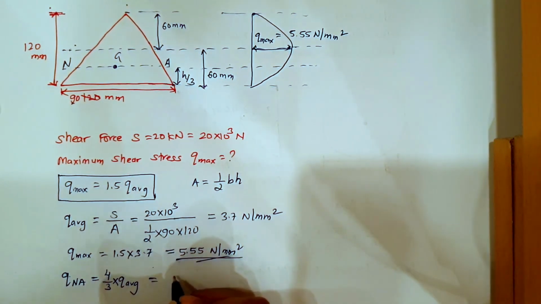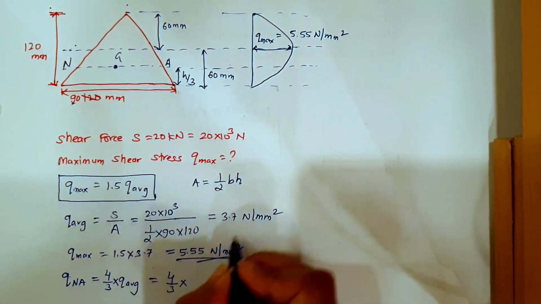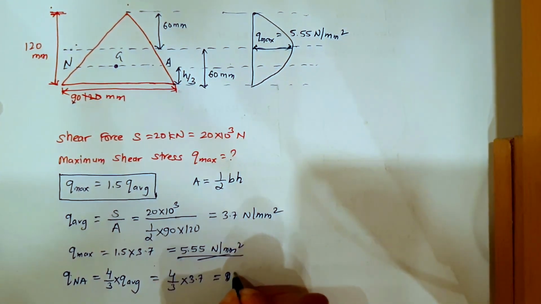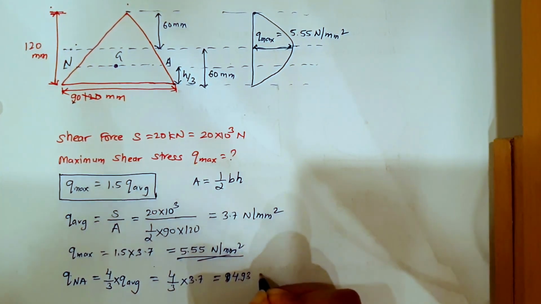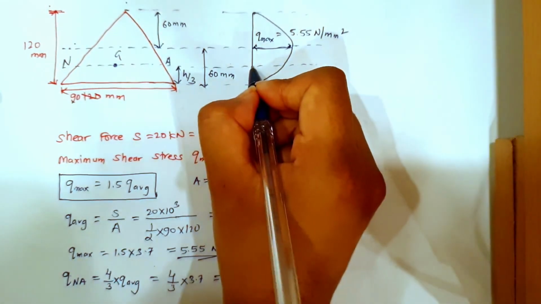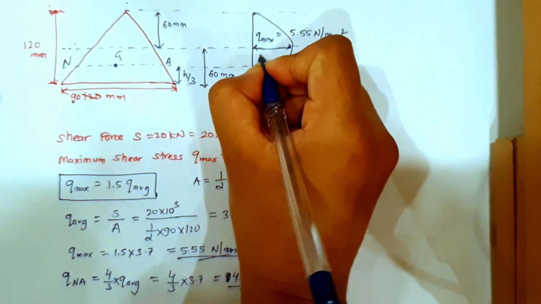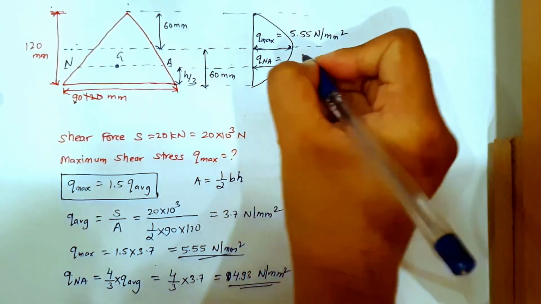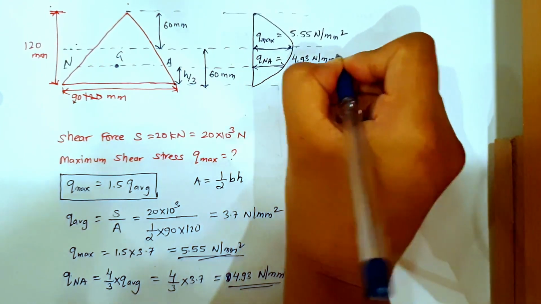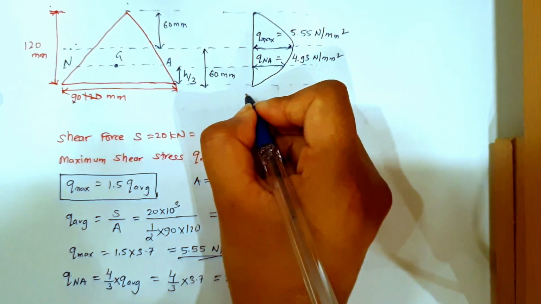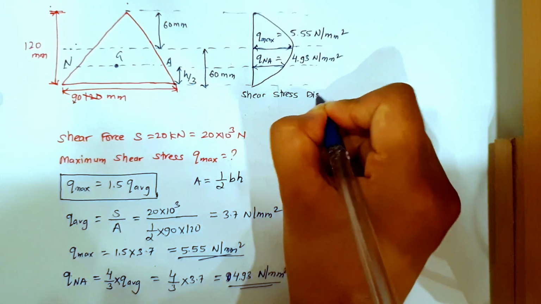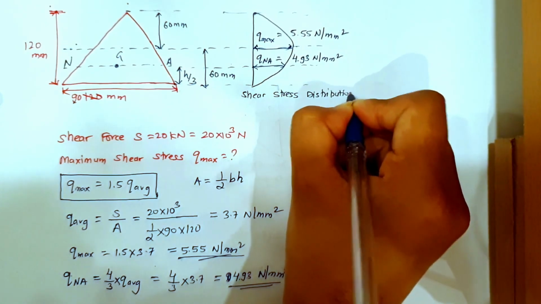So how much will I get? 4 by 3 times Q average, which is 3.7, so from here you get 4.93 Newton per mm square. So this is the point where you have Q at the neutral axis, 4.93 Newton per mm square, and this is the shear stress distribution diagram.